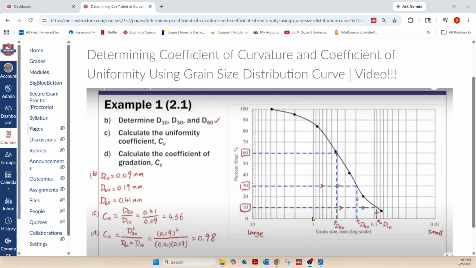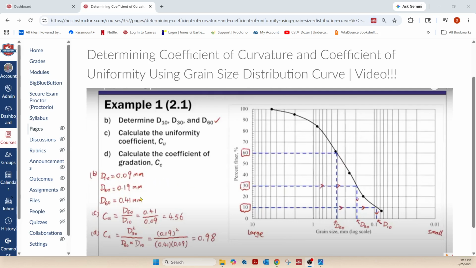Now then, and so forth and so on. I got it at 10% passing, going over and down, and I've got that particle size at D10 to be 0.09, as you see right up here. I got it at 0.09 by counting over on my little marks.